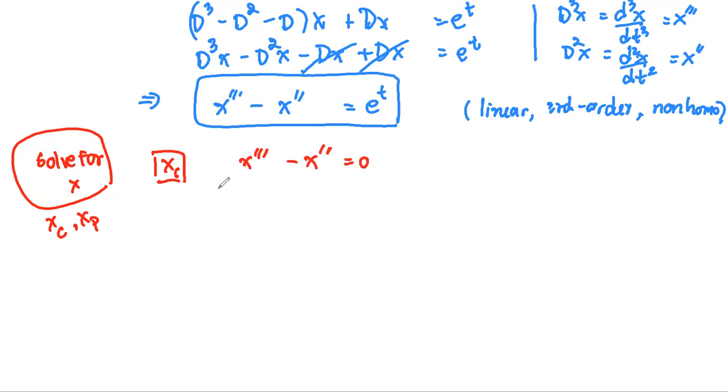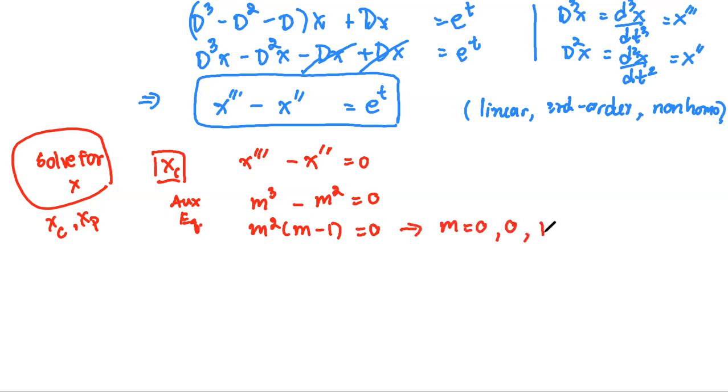And the auxiliary equation that we're going to use to find the solutions would be m to the third power minus m to the second power equals 0. Factor completely to get m squared multiplied by m minus 1 equals 0. Or m equals 0, 0, and 1. So we have repeated solution 0.